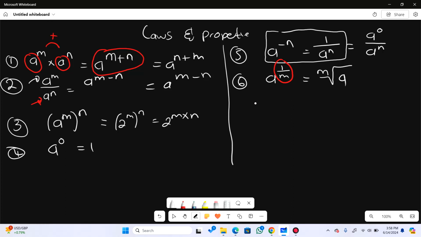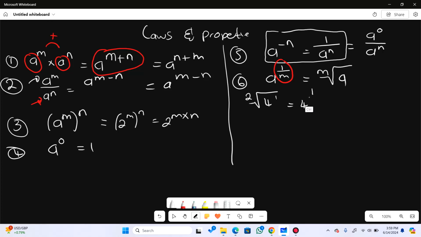So if we have the square root of 4, there's a 2 here, and this is a 1, so this is 2, my bad. So this is 4 raised to the power half.